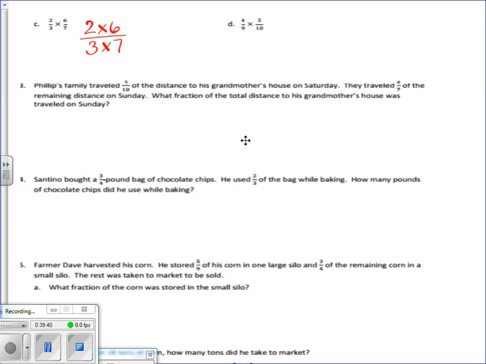I don't have to if I don't want to. 3 divided by 3 is 1. 6 divided by 3 is 2. So now I can multiply. 2 times 2 is 4. 1 times 7 is 7. So now I've got 4 sevenths. And I don't have to simplify now. We already did it.